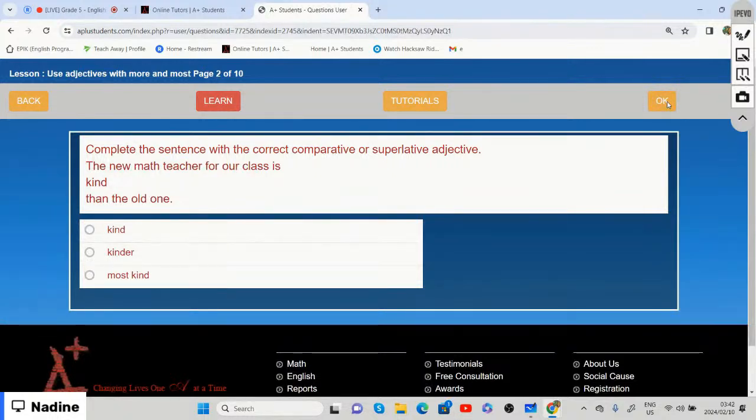It says the new math teacher for our class is, do we say kind, kinder, or most kind than the old one?